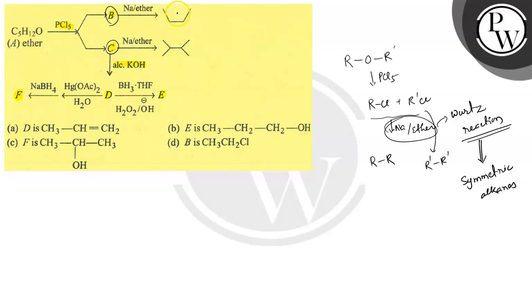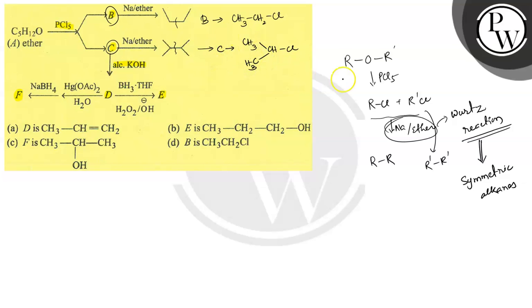If we cleave the two from here and from here, then we can get B and C. So B is CH3 CH2 Cl, and we can estimate the structure of C. C is CH3 CHCl CH3.